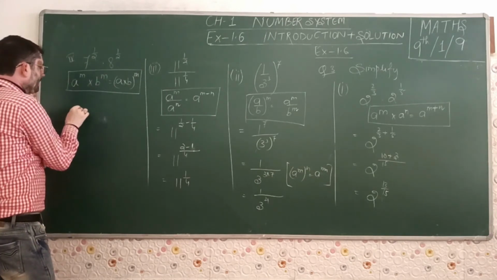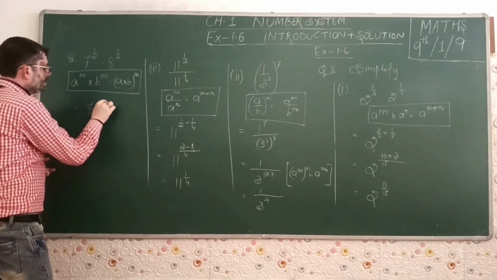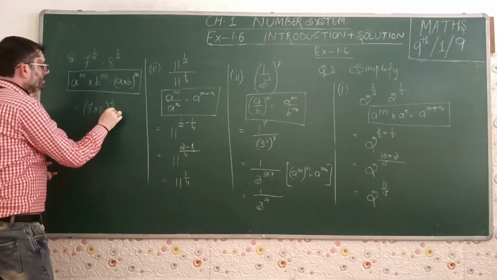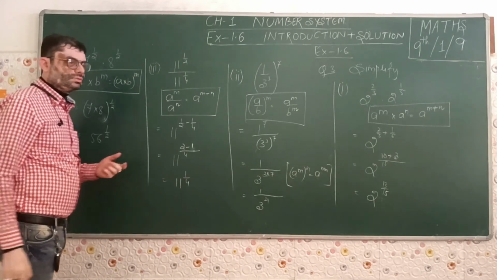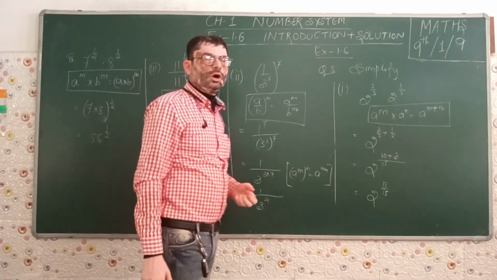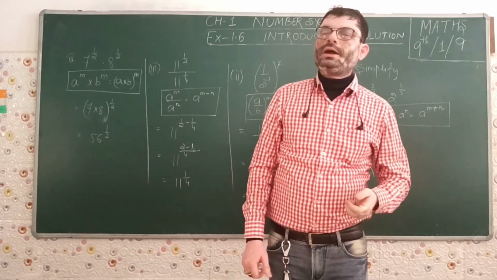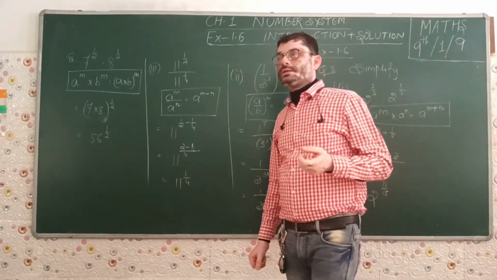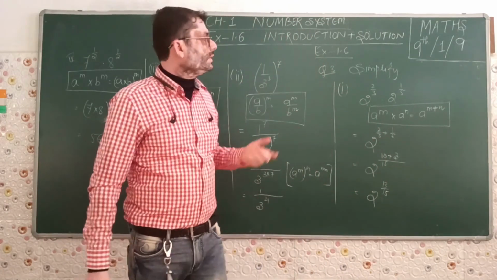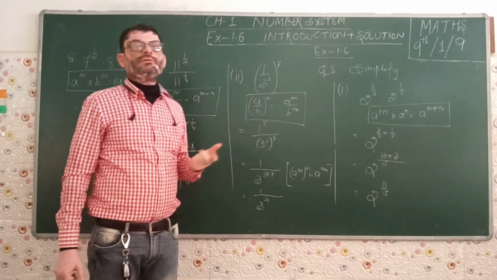So this can be written as (7 into 8) whole to the power 1 by 2, and this is 56 to the power 1 by 2. So in this way, applying different laws of exponents, we can simplify different forms of exponents. That means laws of exponents are very helpful in solving such types of simplifying questions.